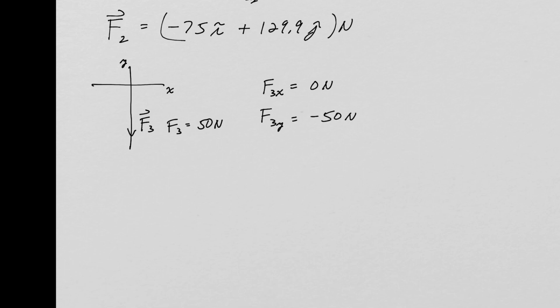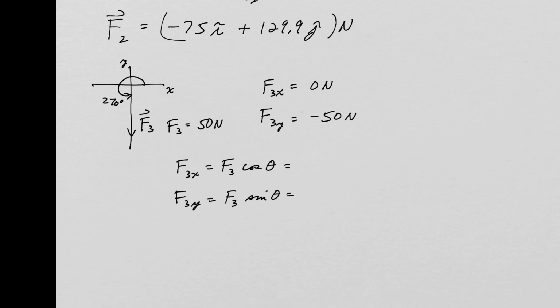If you wanted to use the most general idea where we use the angle from the positive x counterclockwise, then this is 270 degrees. And then F3x is F3 times cosine of that angle, and F3y is F3 times sine of that angle.